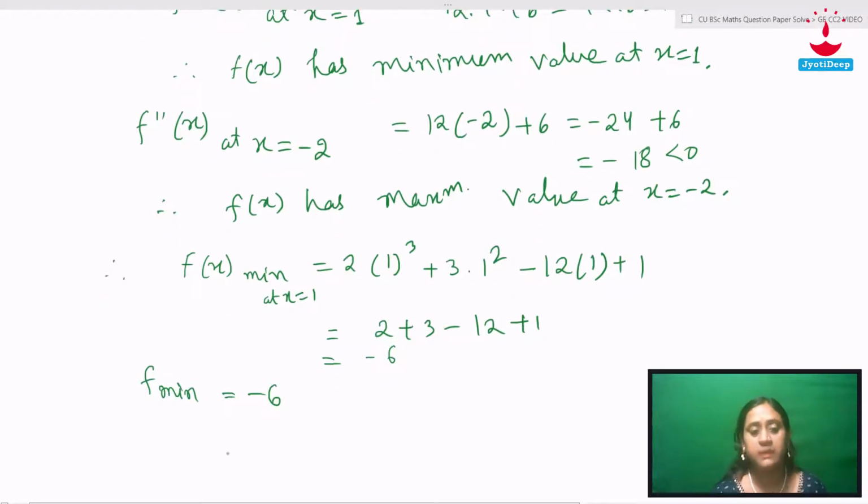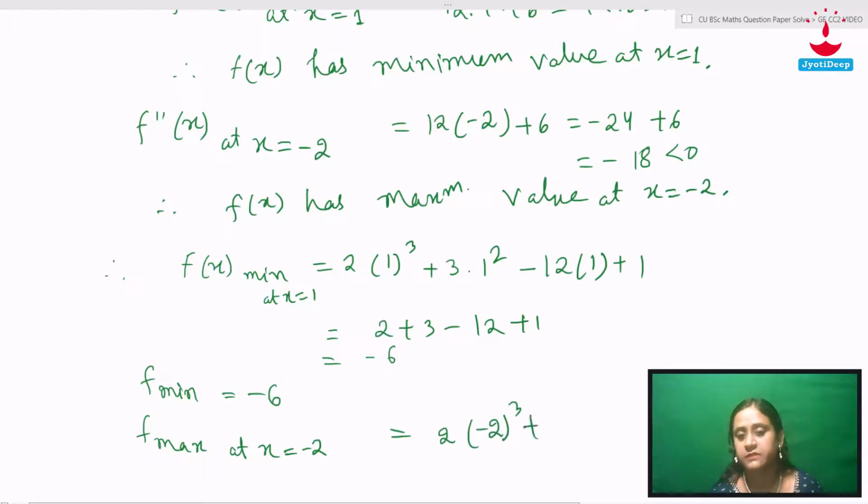Now F max at x is equals to minus 2. কিভাবে দেখো 2 into minus 2 to the power cube plus 3 into minus 2 whole square minus 12 into minus 2 plus 1.